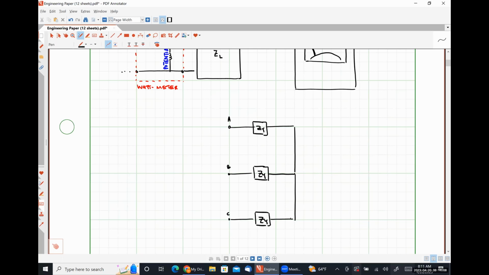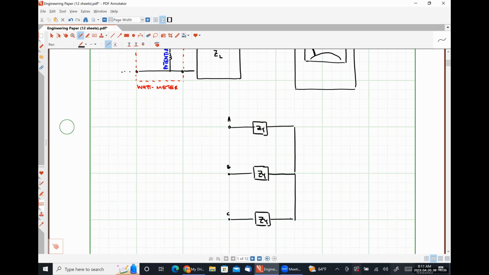And I wanted to connect a wattmeter to measure the power over, let's just say, one phase. So if this were a balanced load, if I were able to tell the power over one phase, then I could simply multiply that number by 3 to get the power over all 3 phases, right? So I could make an accurate measurement with a single wattmeter.